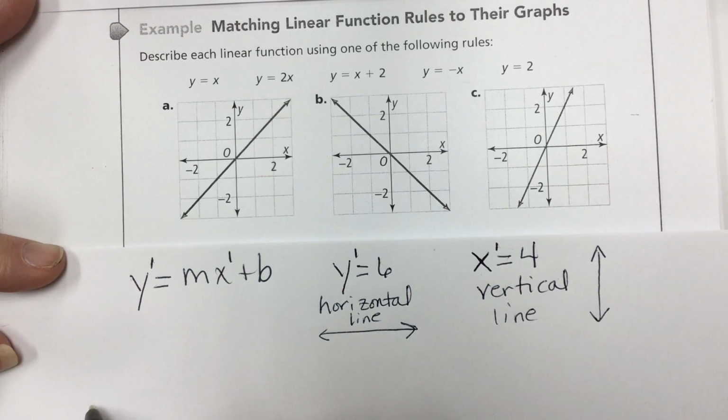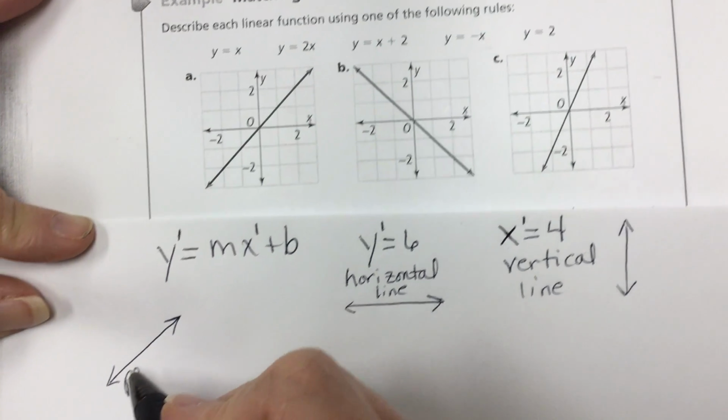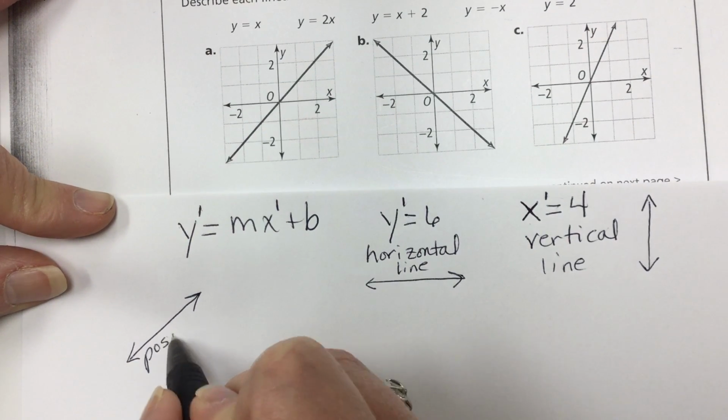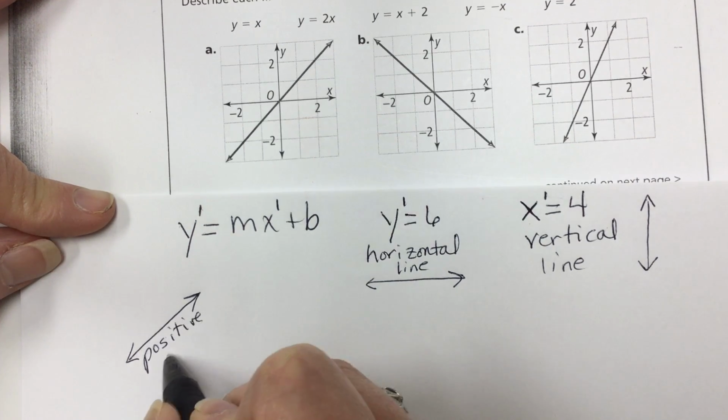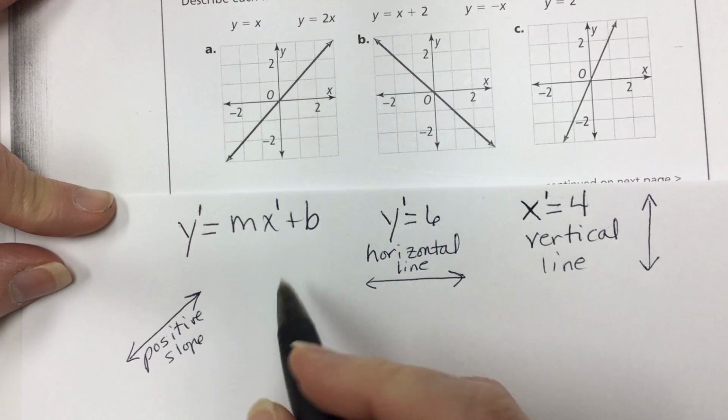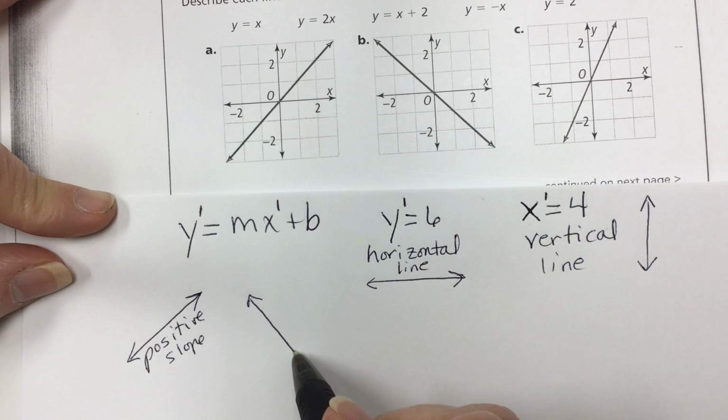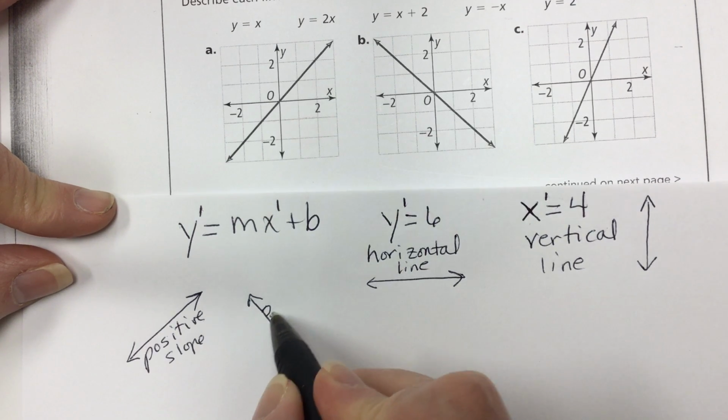Now remember, if you have a line with a positive slope, it's slanting upward to the right. A line slanting downward to the right has a negative slope.